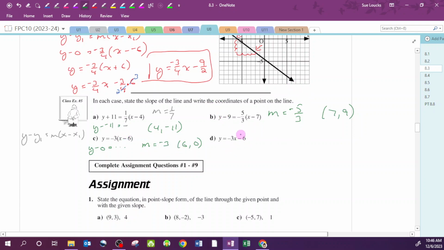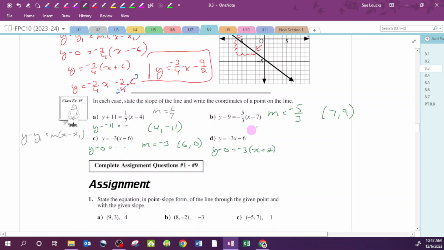Okay, this one I have to be careful of because I don't have the brackets here. This one is actually in slope-intercept form, so I have to rewrite this one for sure. So this is going to be y minus 0 equals negative 3, and I have to factor that negative 3 out so that I have x plus 2. If I multiply this out, negative 3 times x is negative 3x, negative 3 times 2 is negative 6.